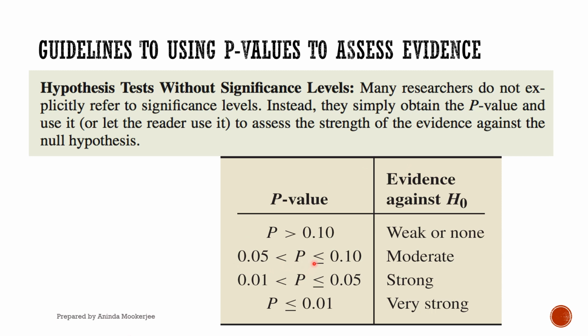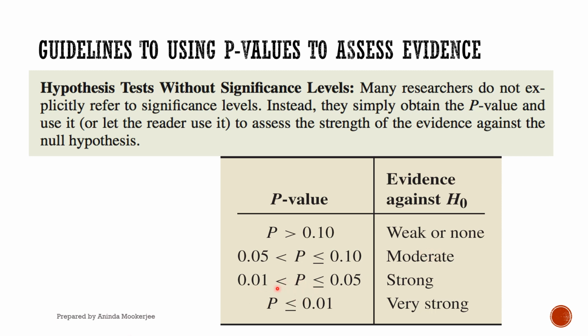If the p-value is between 0.05 and 0.10, then it's said to have moderate evidence against the null hypothesis. So we would still not reject the null hypothesis. In that case, we would need to compare it with alpha. All right.